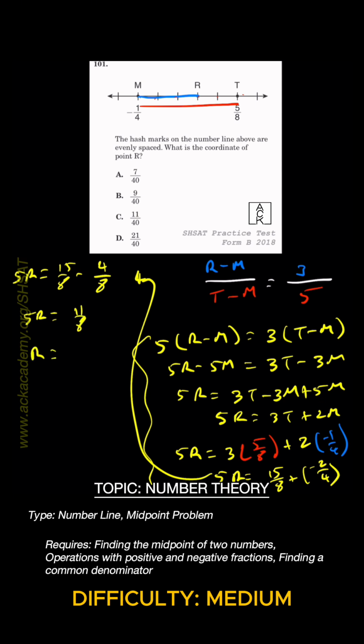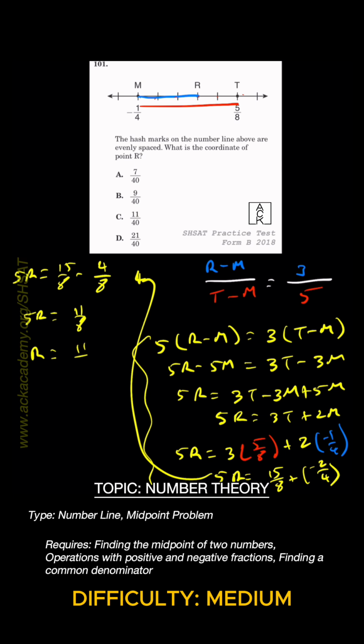And then R is equal to, when you divide by 5 and then you divide by 5 here, it's like this, so that is what we're dealing with. So 11 divided by 8 times 5, which is 40.